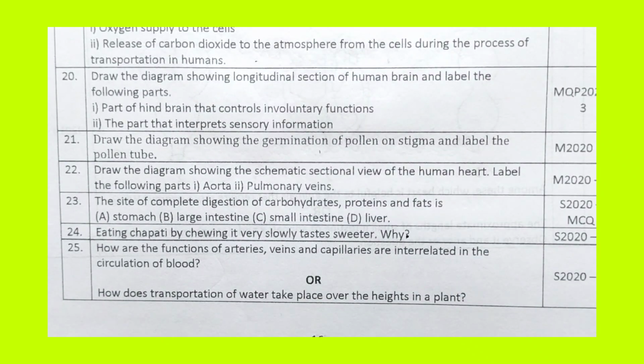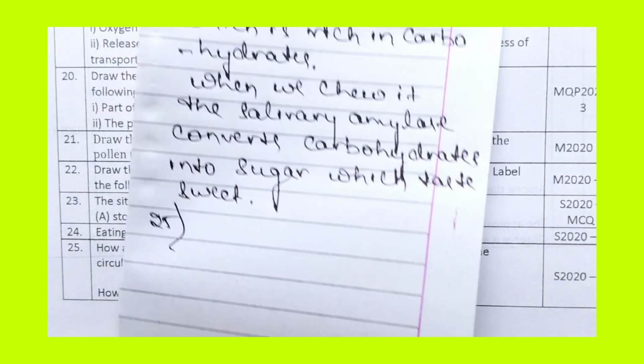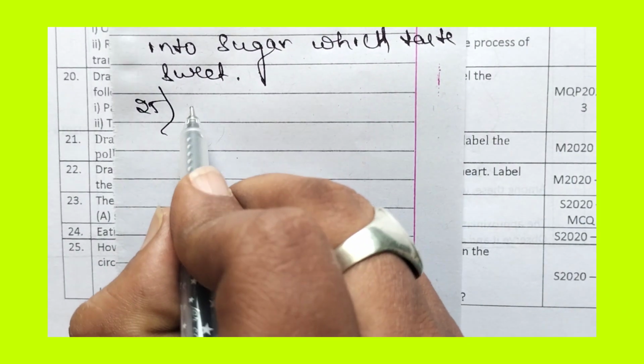The 25th question is, how are the functions of arteries, veins and capillaries interrelated in the circulation of blood. So now let us answer one by one. So first one, arteries.